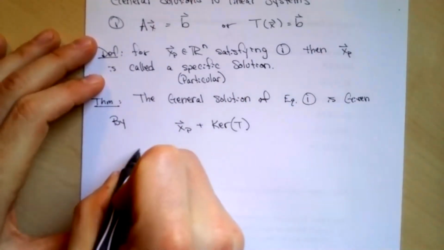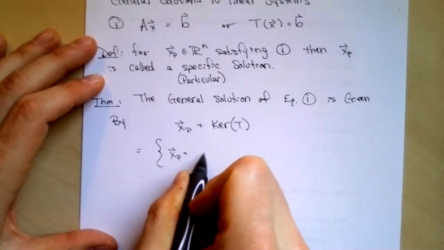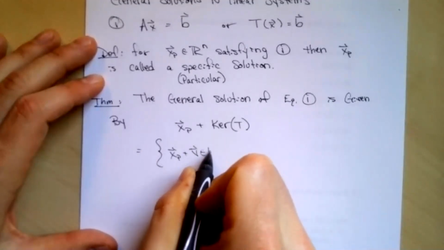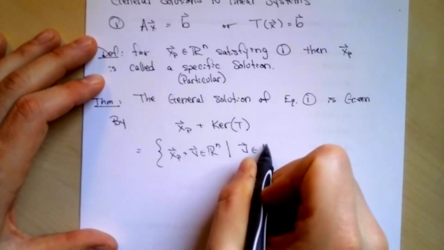And what do I mean by this? This is going to be the set of all vectors x_p plus v in R^n for some vectors v that are in the kernel.